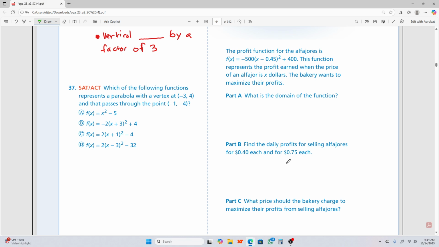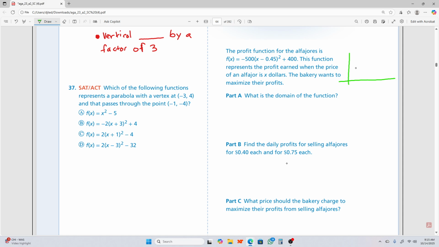So they could make 0, and they could make, I guess technically up to infinity, but probably not. But I think that's where they're going with this. They could make from 0 to infinity pastries.